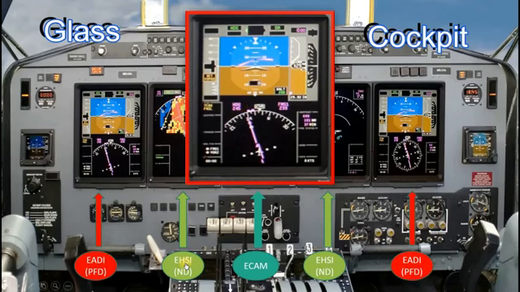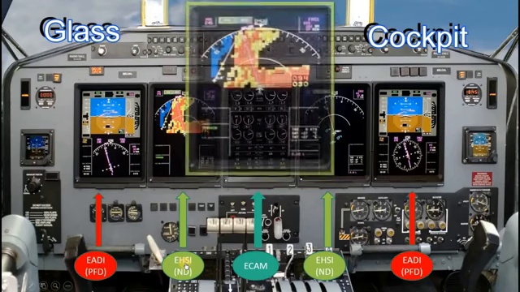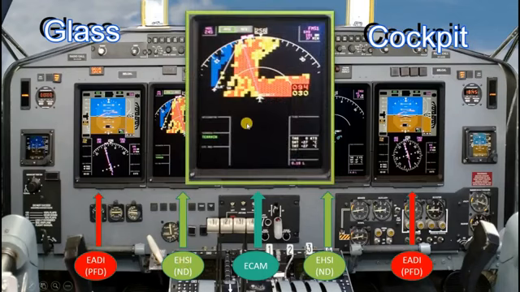The second portion of our electronic flight instrument system is the EHSI. EHSI stands for electronic horizontal situation indicator, and it is also called the navigation display. As the name describes, the navigation display contains information related to navigation.